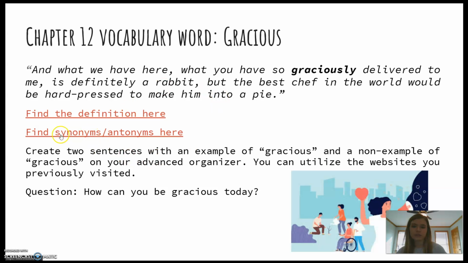And then you'll click this link to find your synonyms and antonyms. And then you're going to create your example and non-example on your graphic organizer. And then you have the question, how can you be gracious today? And you record your answer to that in your journal.